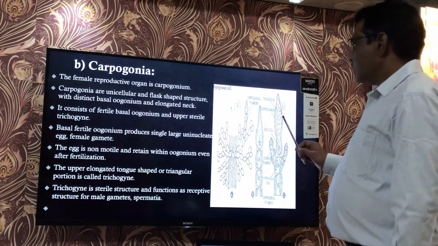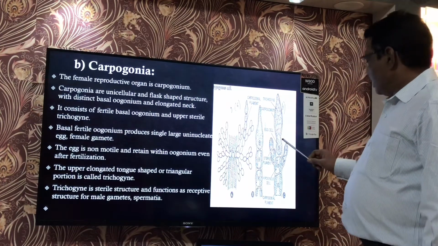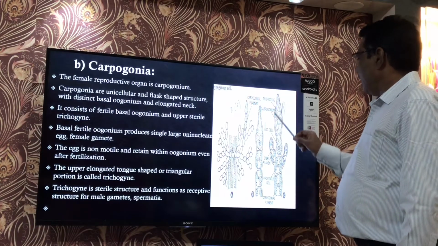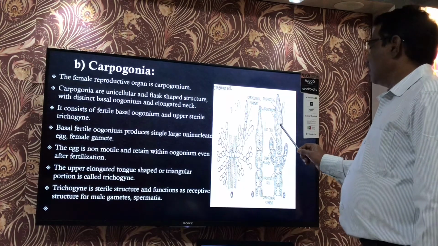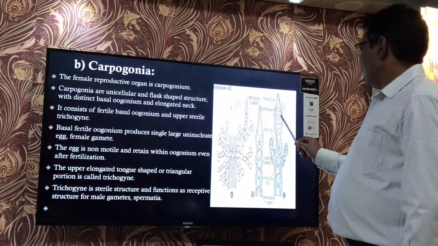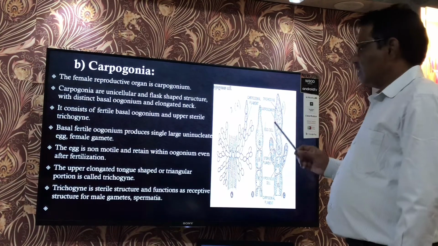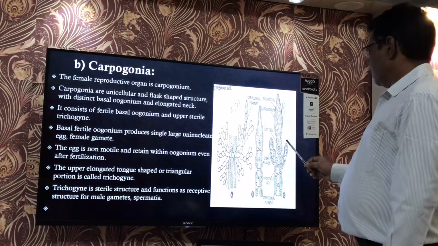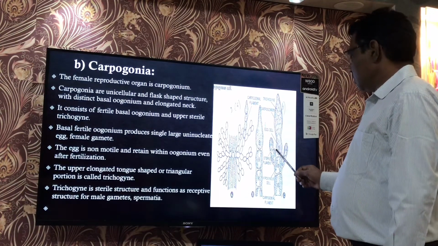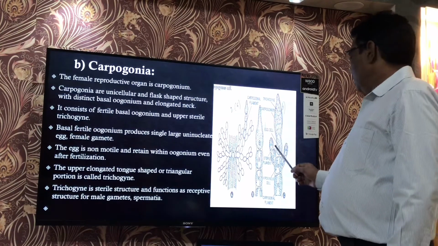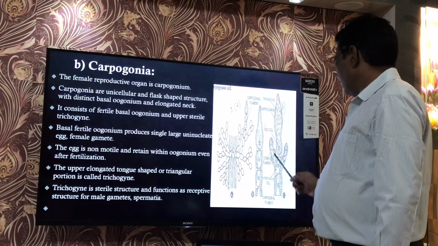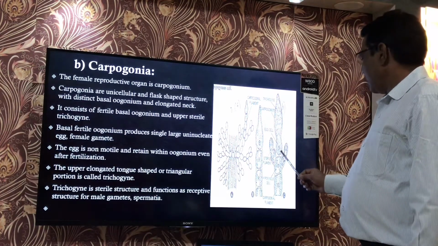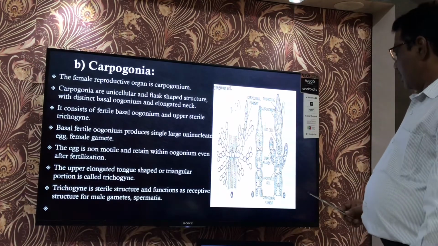So each carpogonium has two distinct portions, the basal swollen portion and a narrow, elongated neck, which is called the trichogyne, and this basal swollen portion is called the oogonium proper. Now here this basal swollen portion is the oogonium proper, and it develops into a single non-motile, non-flagellated egg, which is a female gamete.